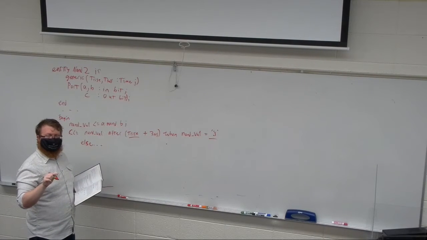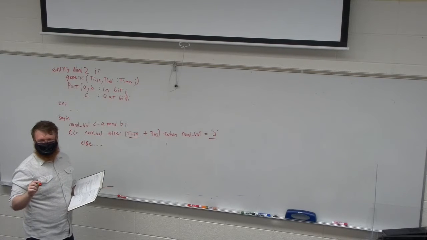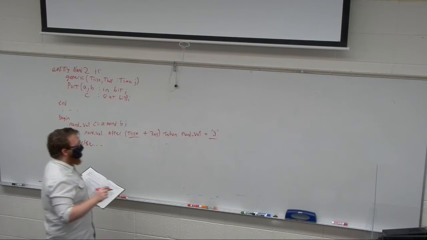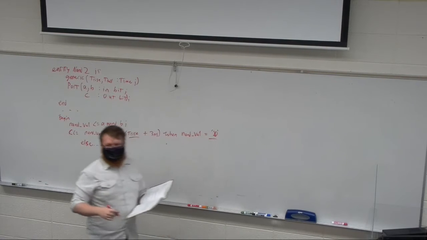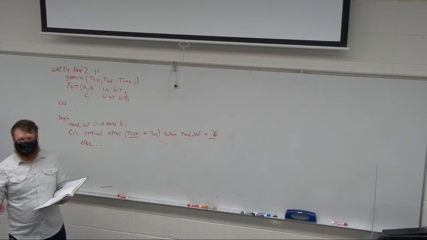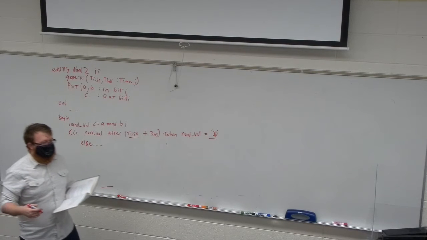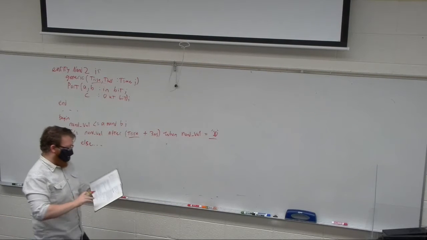Is that correct? I think they have that backwards, don't they? Yeah, I think the book might have a typo in that one. So when 0 perhaps, right? To differentiate the rise. So it's just going to make different decisions based on whether it's 0 or 1, and use the passed T-rise and T-fall.